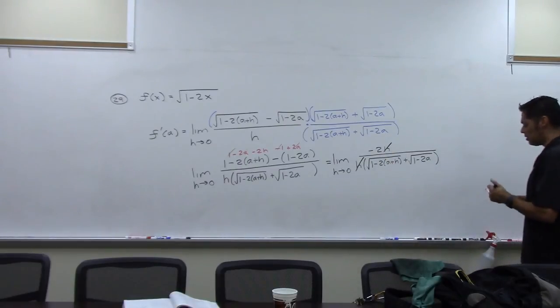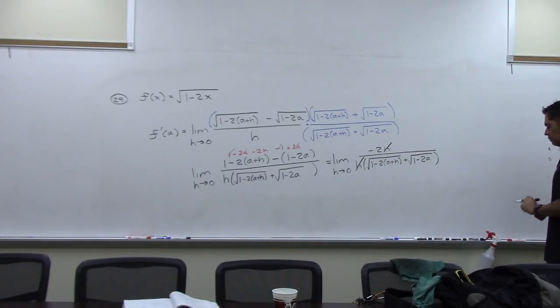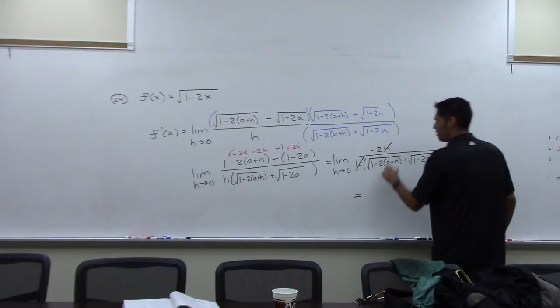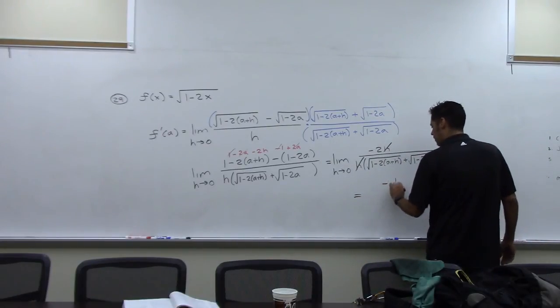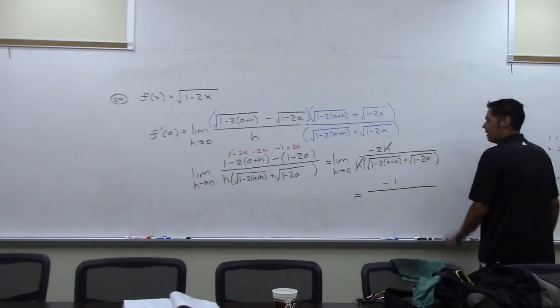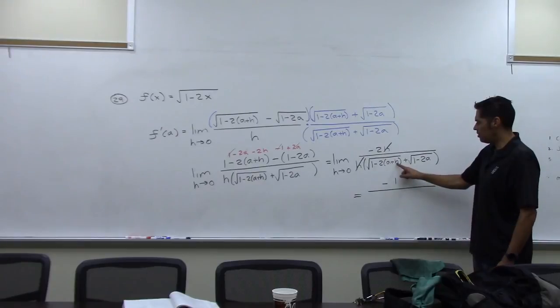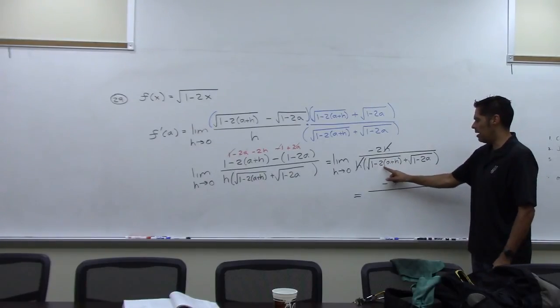And now I can let h go to 0. And when I do, I still have a negative 1 on top. And on the bottom, if h is 0, then this is just a. So this becomes 1 minus 2a under a root.